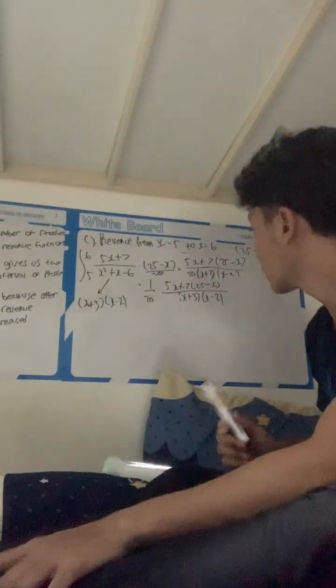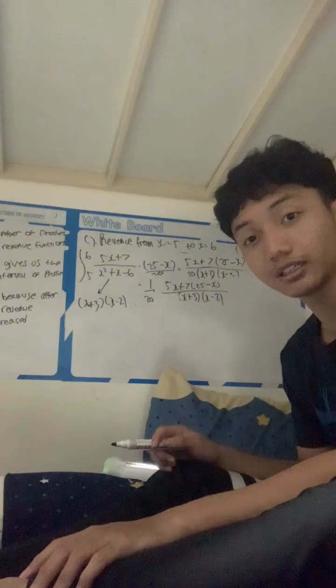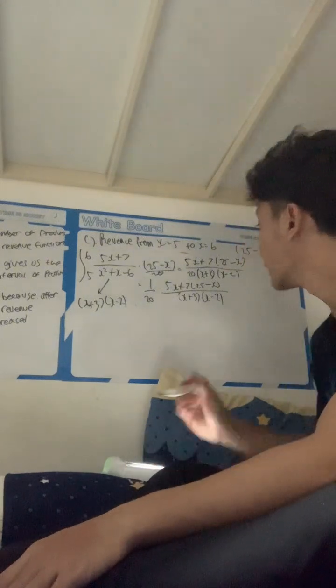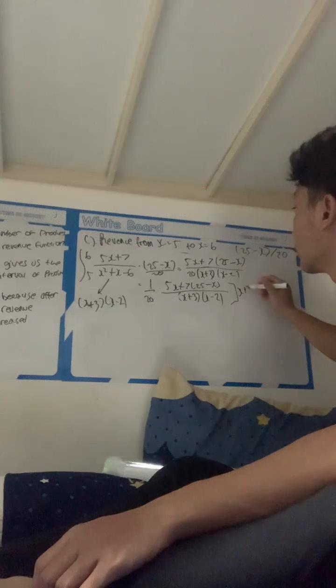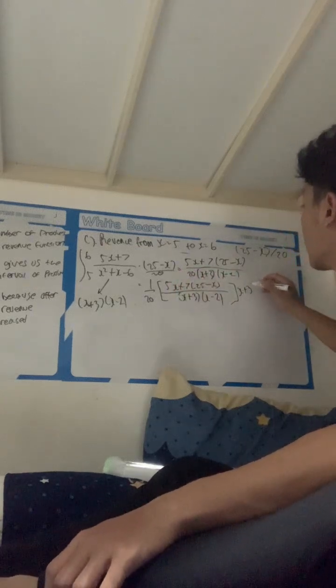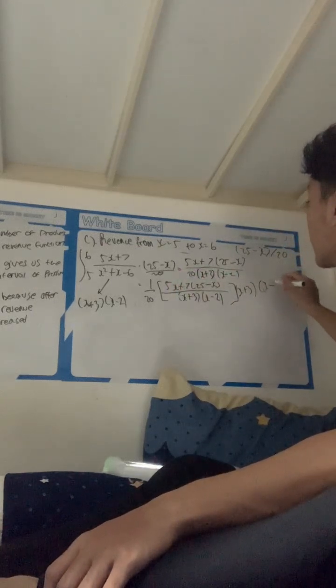Okay, so for this I'm gonna use partial fractions. The formula itself is x plus 3, x minus 2.